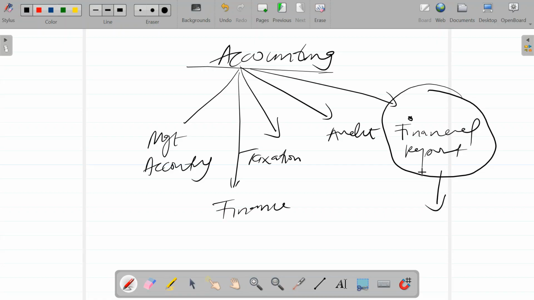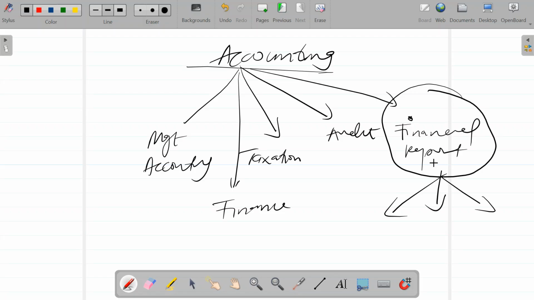So that report will give us that information, to help us to know what is going on in the organization. Without financial reports, we can't even track our growth, whether we are growing or not, whether we are performing well or not. And things can get messy.